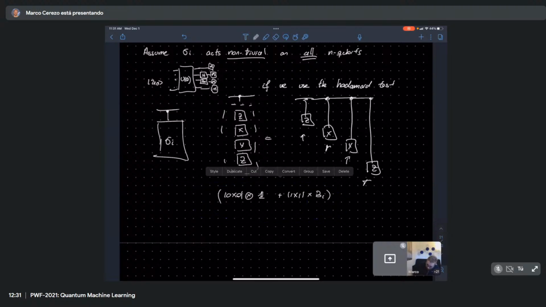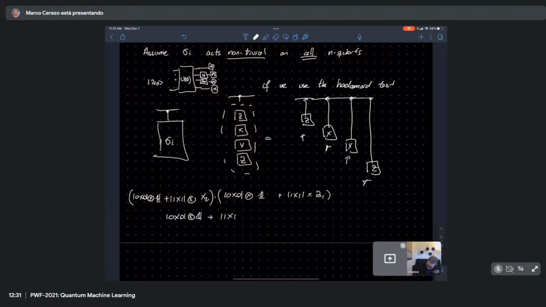It tells me that if my ancilla qubit is in 0, I do nothing; if my ancilla qubit is in 1, I do X2. Whenever I multiply those two matrices, it's straightforward to verify that you get this, and here I have the tensor product X2 Z1. So just concatenating them like this, you're going to build it.